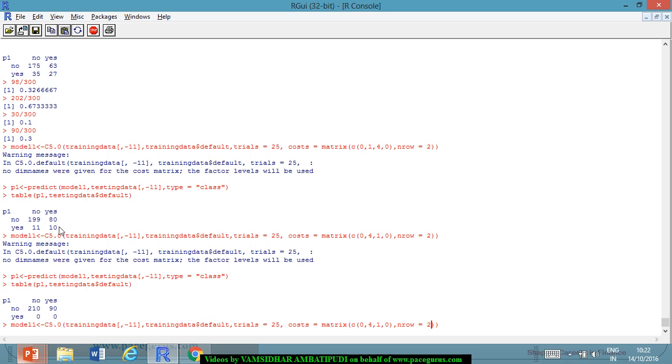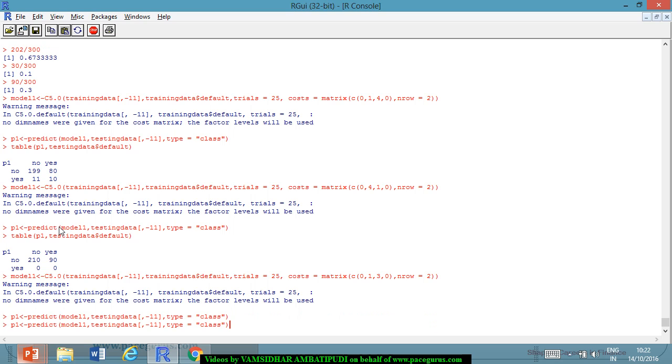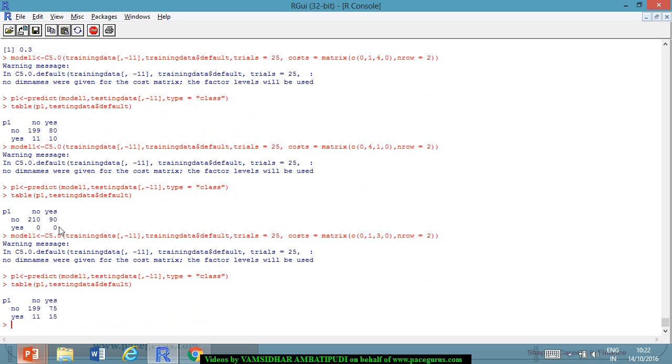So let me set this matrix itself to 1, 3. Okay, in this case it is coming down to 75. So I would like to set it in some manner where the overall error comes down quite drastically, and based on that the number of false negatives comes down quite drastically while I am building mine.